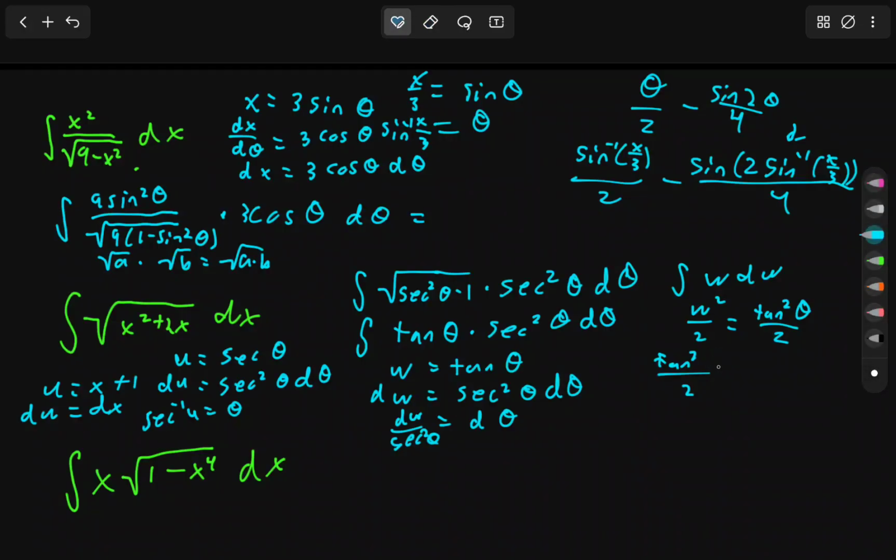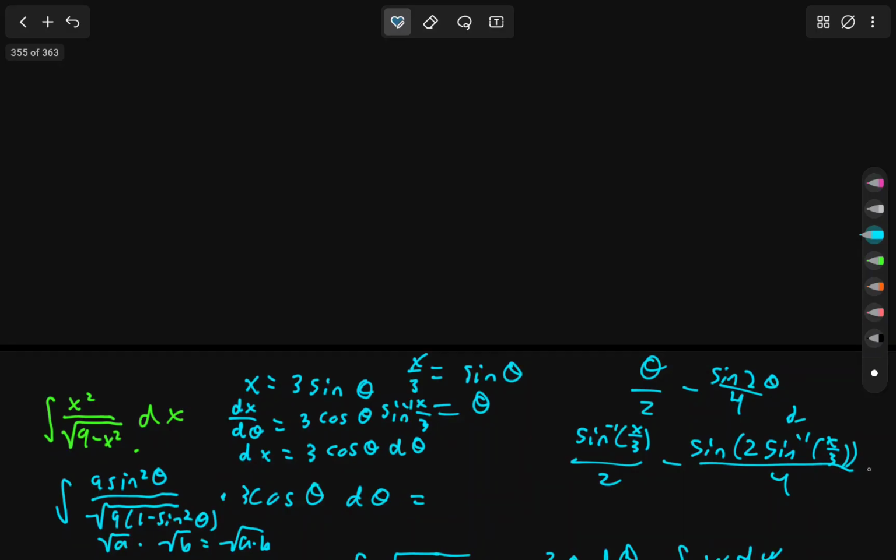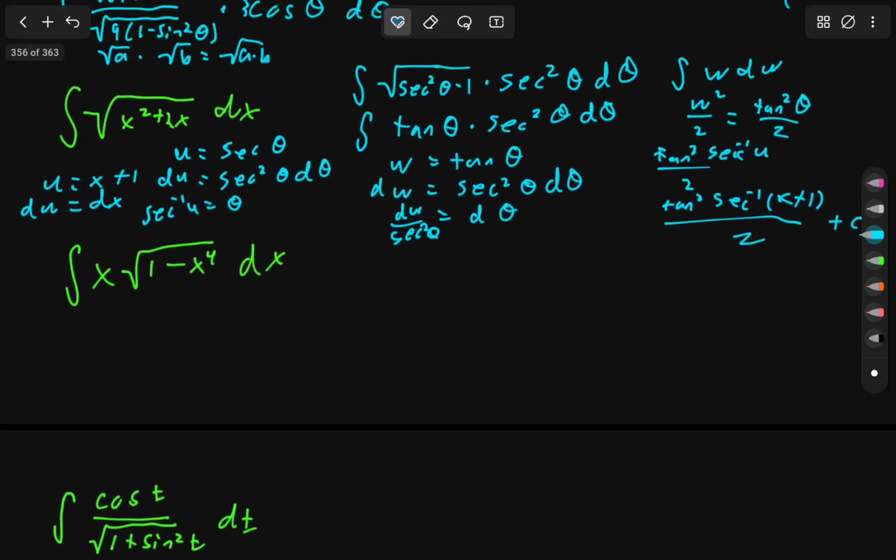Theta is the same thing as secant inverse of u. u is the same thing as x plus 1, so this becomes tangent squared of secant inverse of x plus 1 all over 2 plus c. Always remember your constant of integration, even though I don't always remember it. Plus c up there as well.